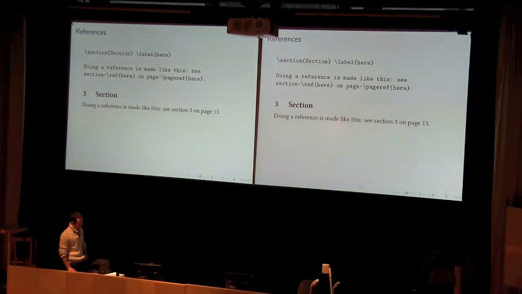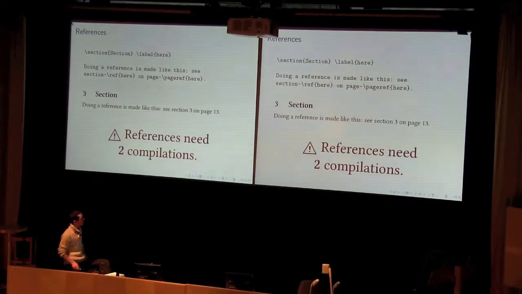Okay, and it is very important that you compile two times. Why does LaTeX need two compilations? When you first read the document, you may refer to a section which comes after. So when LaTeX comes through ref, it reads the label and says, okay, I don't know where it is.